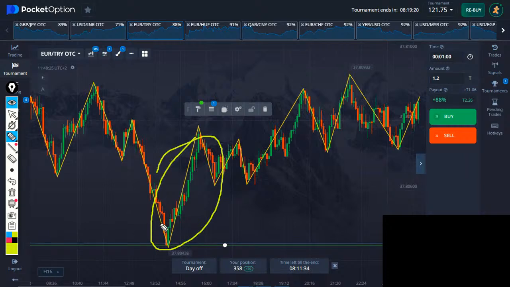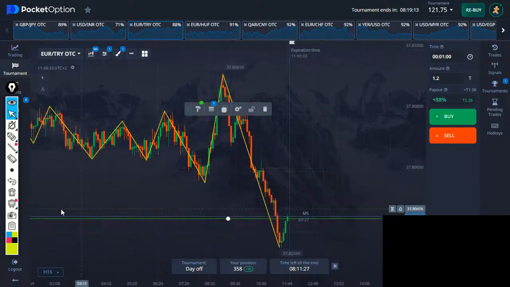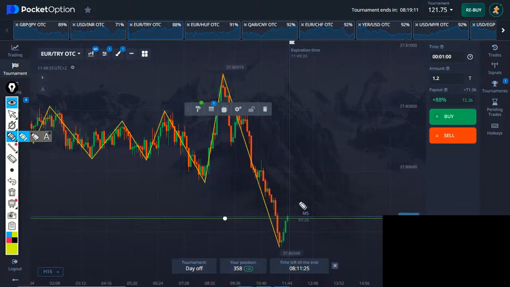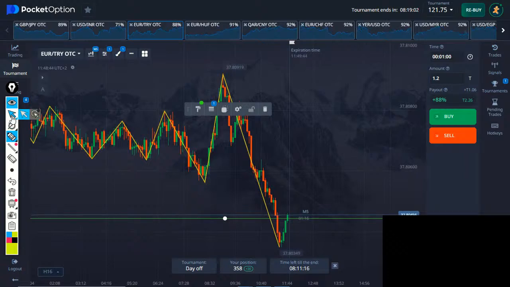We have a strong demand area. And it coincides exactly at this point, approximately at this point over here. It breached it a little bit and here it goes reversing. So this thing might reach a point where it could continue its trend to the downside.